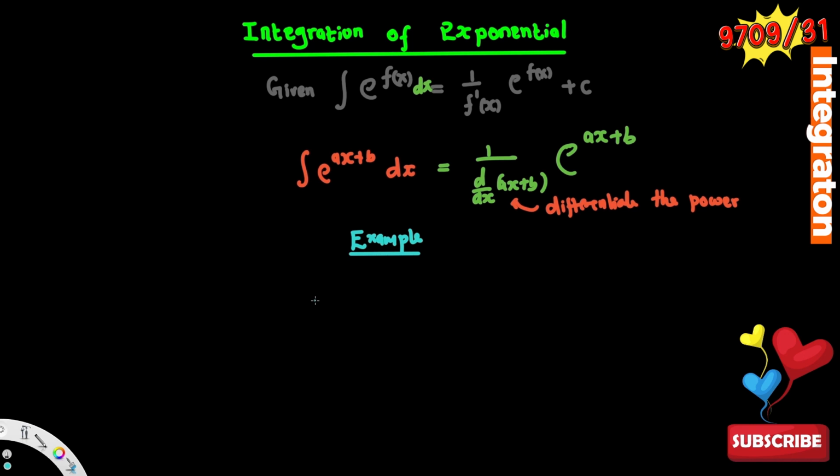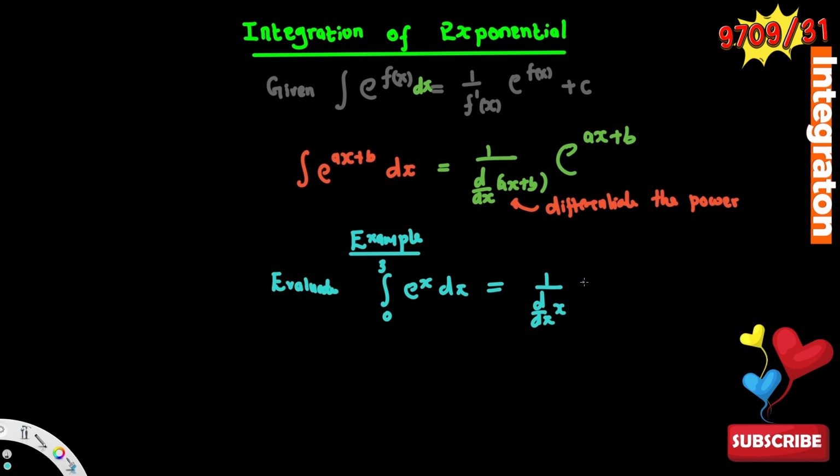So the first example that we're going to look at is: evaluate from 0 to 3 e to the power of x dx. We're going to look at the power as a function. So this is going to be 1 over the derivative of x. Differentiating x, you are going to get 1. So 1 over 1 is going to be 1.